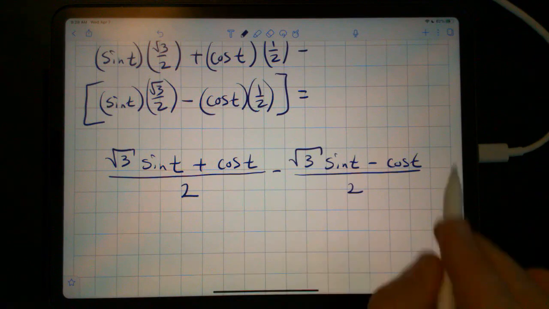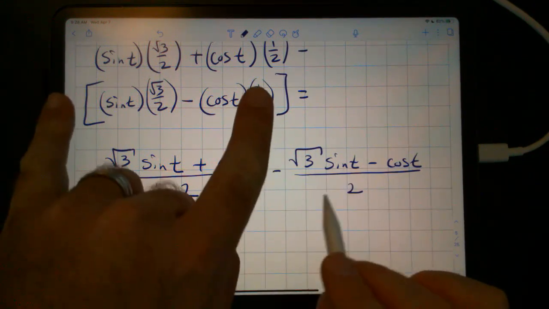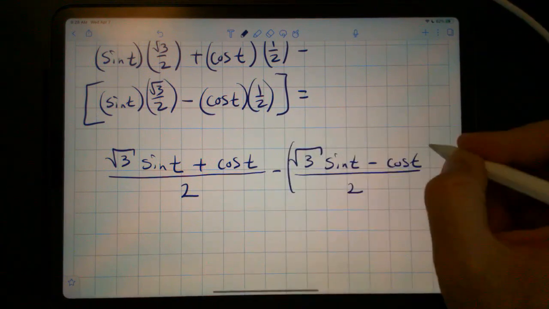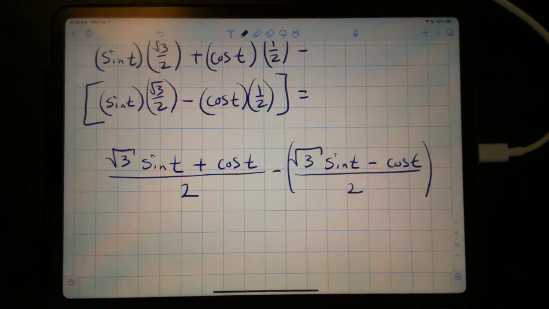It's understood we're subtracting an entire fraction, but just to emphasize that we are subtracting the entire fraction, I'm going to include parentheses around here. Just because it is a fraction, we have negatives. Be careful.